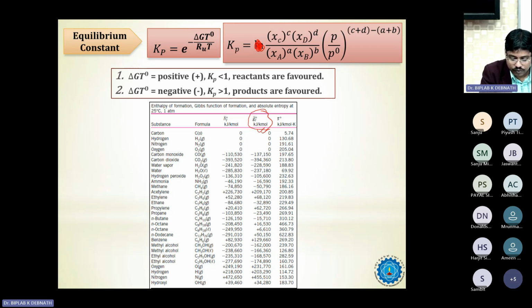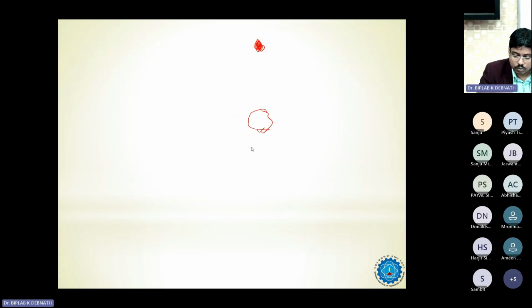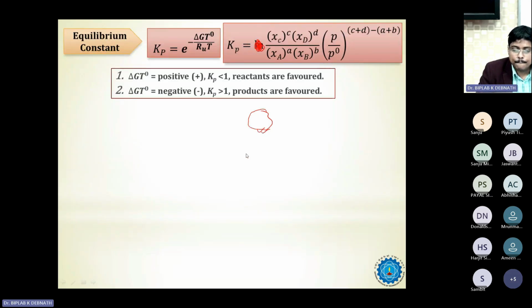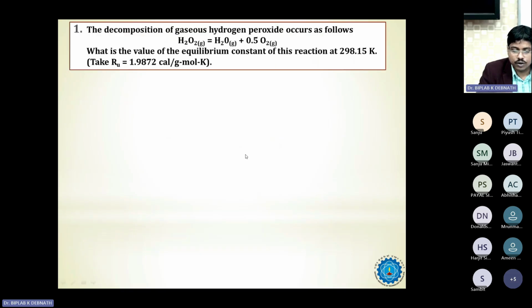Some of the values here will be required to solve one problem. So I hope this is understood, how we can calculate the equilibrium constant with the help of the Gibbs free energy change. Now with this, let us try to solve a small problem.